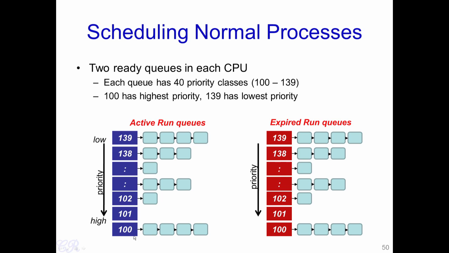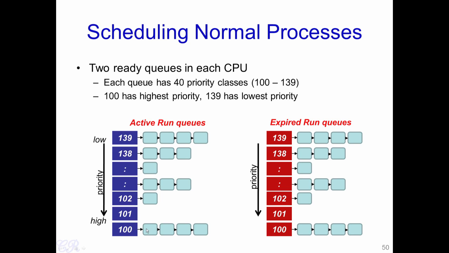So, corresponding to each of these classes, there is a ready queue. Every process or every task present in the ready queue corresponding to a particular priority class has equal priority to be executed on the CPU.